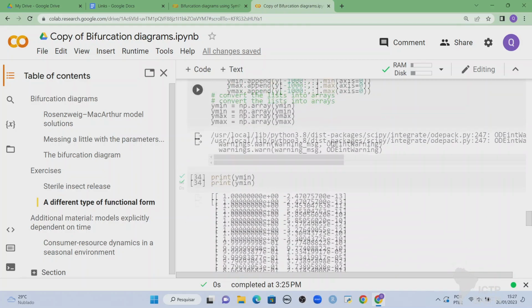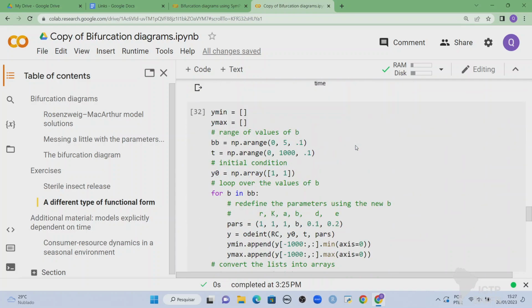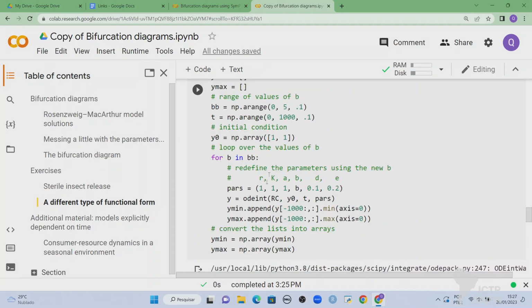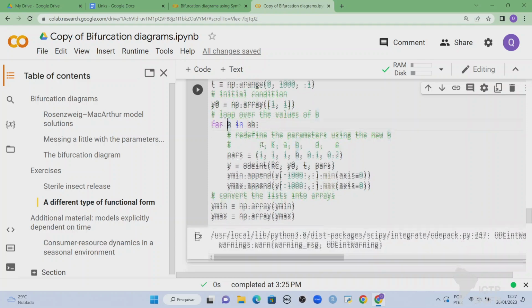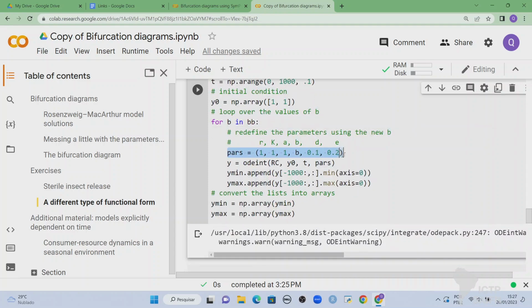Can you go back to the code where you define the function? The bifurcation diagram itself, the loop. So I'm looping over the values of B, okay? So BB is this range. I go over each one of them, and then I redefine the parameter set to have this value of B, so be careful with the order, right?